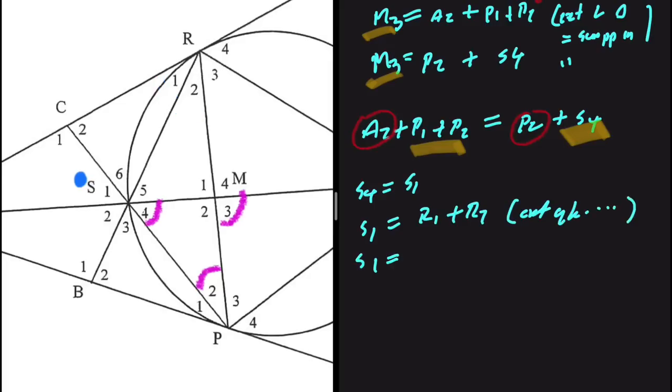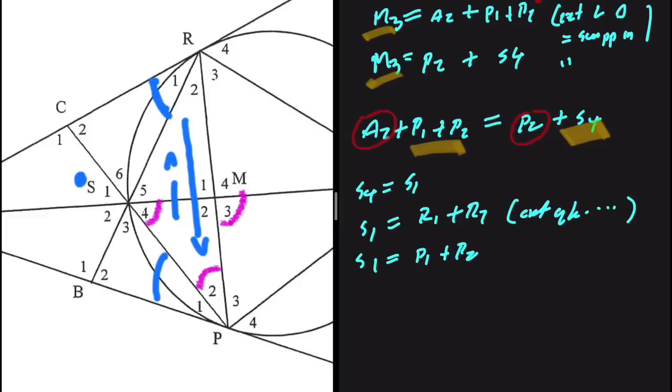Because of the tan chord theorem, let's take a look at R1. R1 is equal to P2 because of the tan chord theorem, right? And then still, because of the tan chord theorem, P1 is equal to R2. So instead of saying S1 is equal to R1 plus R2, we can say that S1 is equal to P1 plus P2, because R1 plus R2 is just equal to P1 plus P2 using the tan chord theorem.